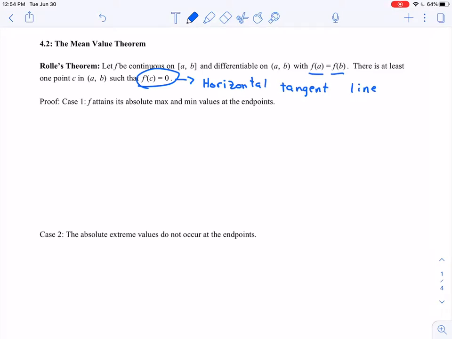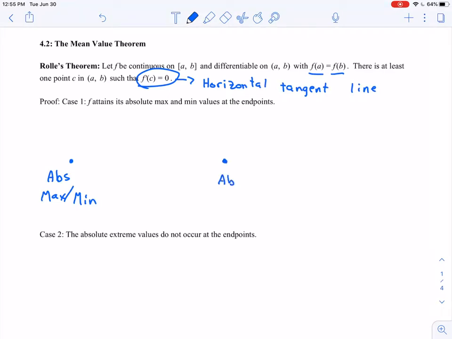Case one is that f, our function, attains its absolute maximum and minimum values at the endpoints, which means that this is my absolute max and min values. And then same thing over here. But if this is my absolute max and min, then the right endpoint has to have the same y value. Actually, let's do right about here.